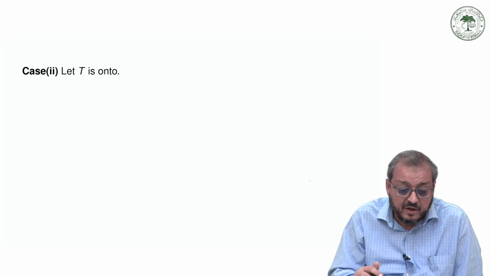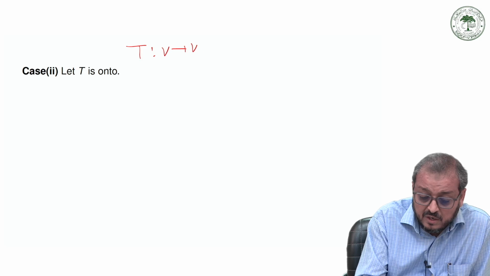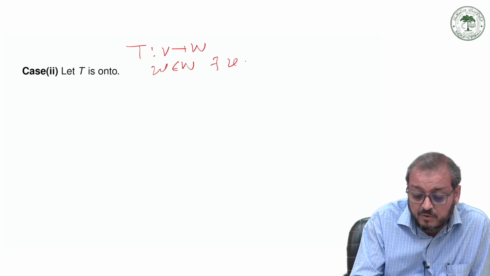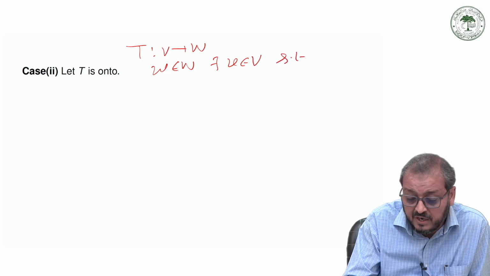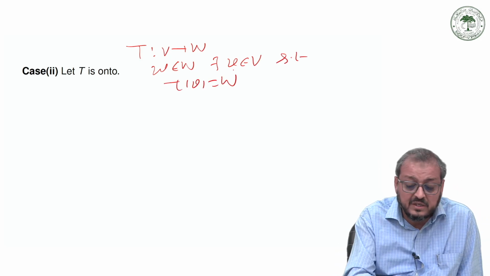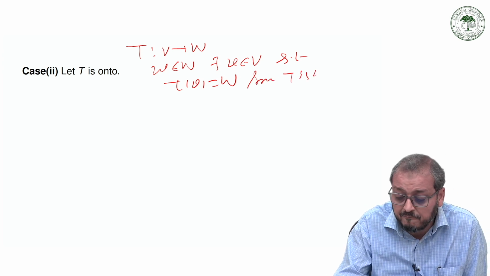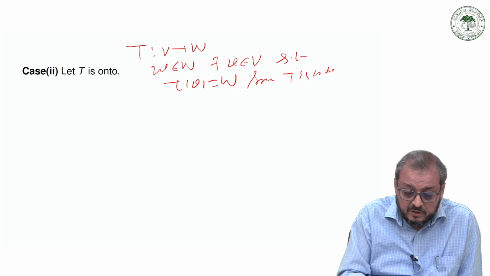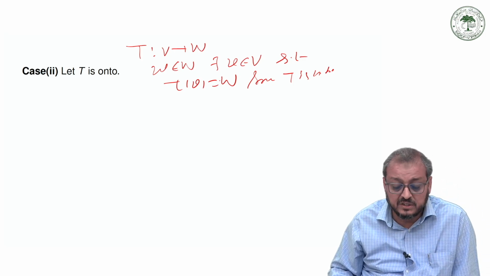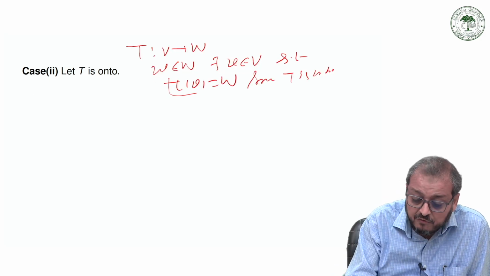Now, T is onto, if T is from V to W. So, for each w belonging to W, there exists some v belonging to V such that T(v) is equal to w, by the definition of T being onto.